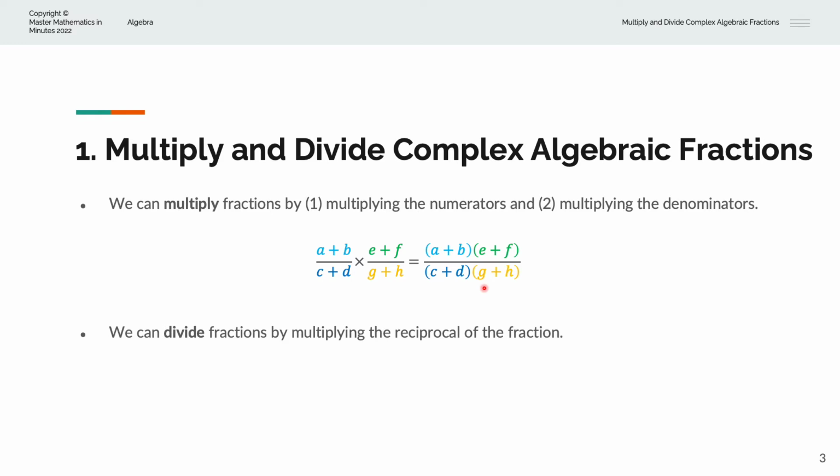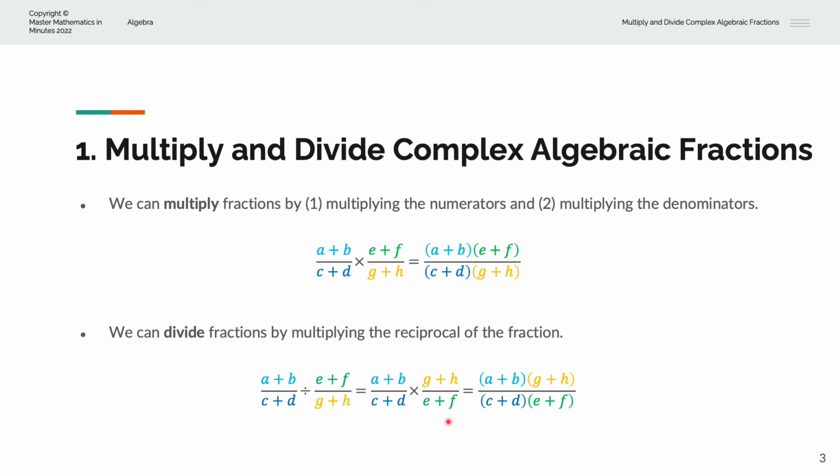We can divide fractions by multiplying by the reciprocal of the fraction. So with a plus b over c plus d, divided by e plus f over g plus h, we'll copy the first fraction over, swap the divide sign for the multiplication sign, and take the reciprocal of the second fraction, which becomes g plus h over e plus f.